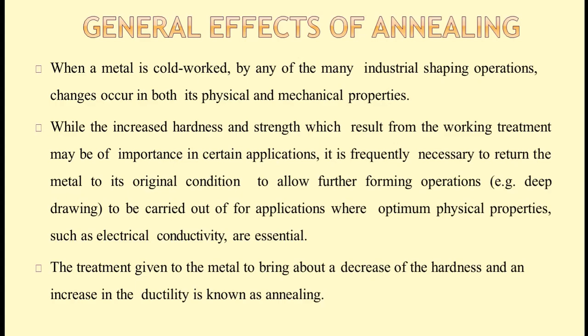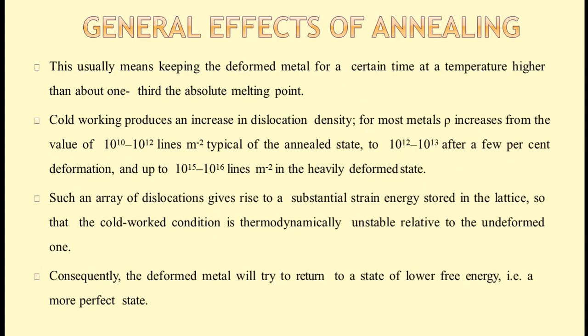The treatment given to the metal to bring about a decrease of hardness and an increase of ductility is known as annealing. This usually means keeping the deformed metal for a certain time at a temperature higher than about 1/3 of the absolute melting point.